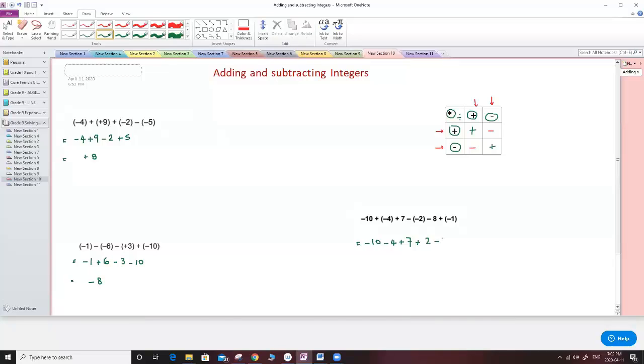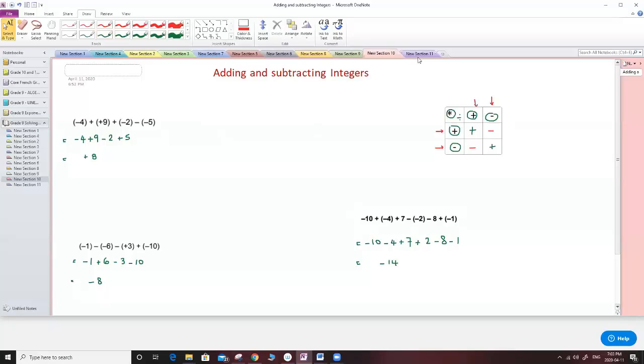Negative 8, it's only negative 8, so I leave it like that. And positive and negative, since they are different signs, it will give me negative 1. Now I can combine negative 10, negative 14, negative 7, because positive 7 and negative 14 is negative 7, plus 2, that means negative 5, negative 5 and negative 8, negative 13, then negative 14.